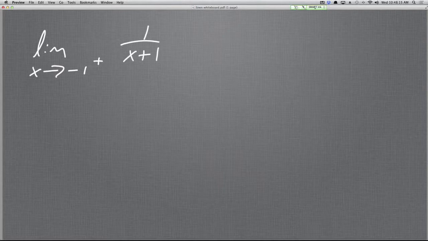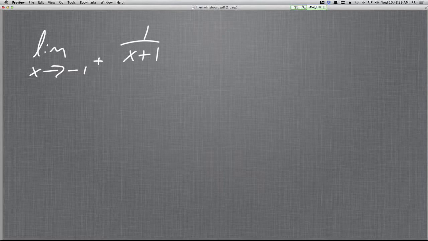It doesn't matter if I'm going from the right or from the left. What do I always want to do when I'm finding a limit? Plug in. What happens when I plug in -1? I get 1 over 0, which means I'm dealing with an asymptote, which means my limit has to be either infinity or negative infinity. So I need to figure that out.